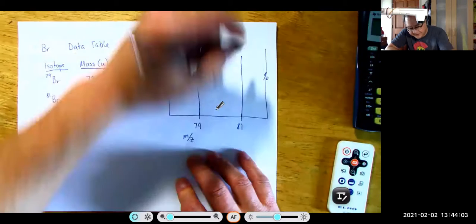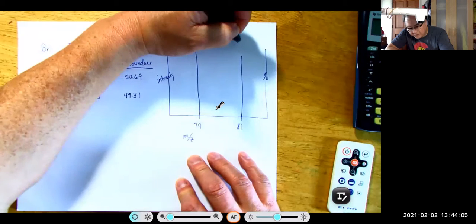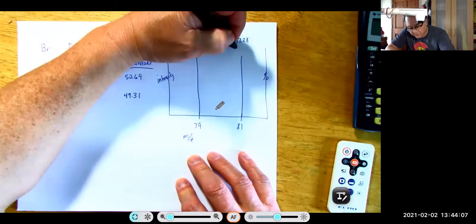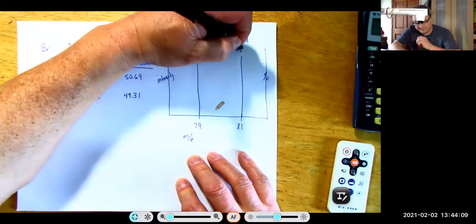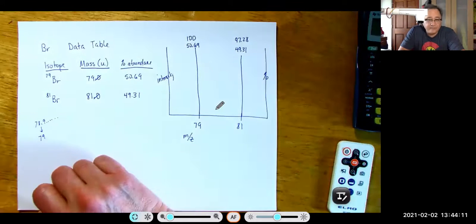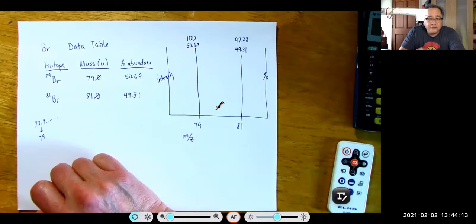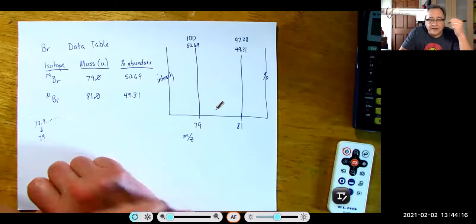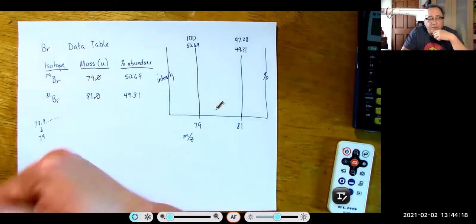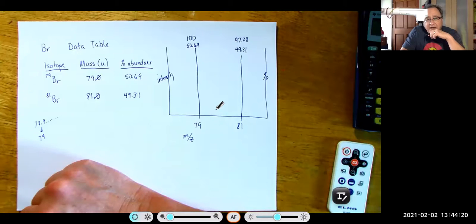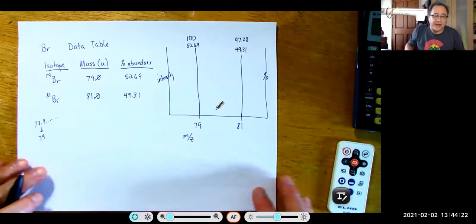And this says 97.28 and 49.31. So once you have this written down, give me a little thumbs up, and we'll go back to the website so we can see that this is what they have on that website.